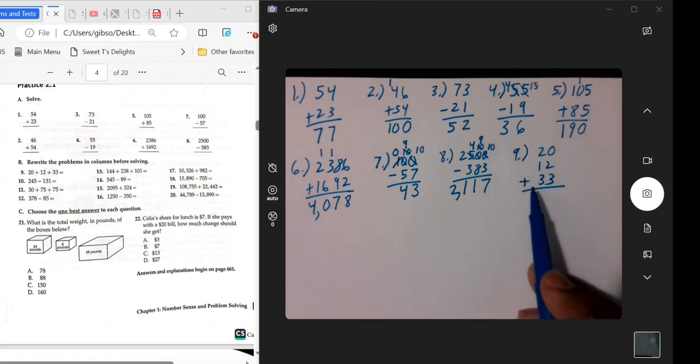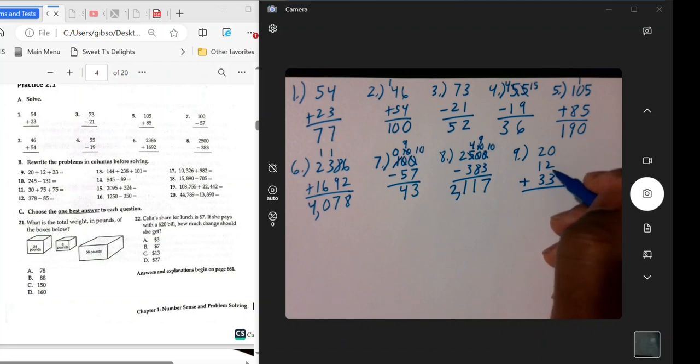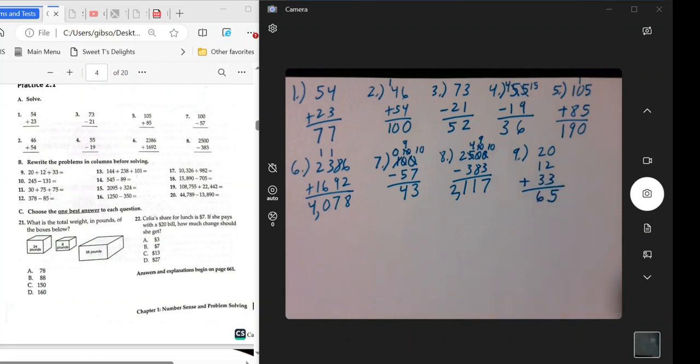Now, if you notice, I only put the addition sign with the last number. And we have these perfectly lined up. So now we will add: 0 plus 2 is 2, plus 3 is 5. 2 plus 1 is 3, plus 3 is 6. So that's 65.